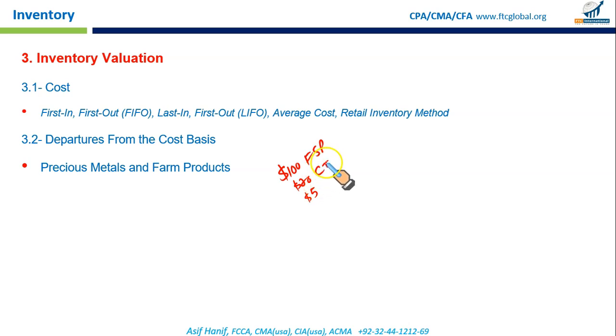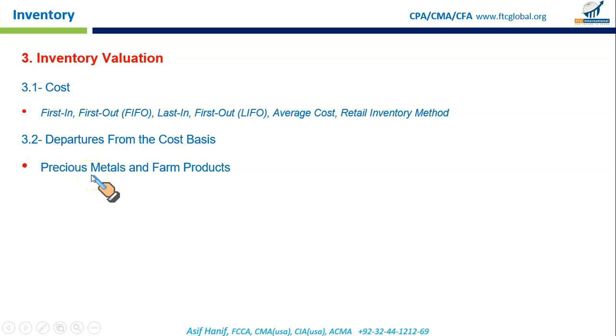This is cost to complete for short, and this is cost to sell. So your NRV is final selling price minus cost to complete and cost to sell. So $75 is what you call the net realizable value, or simply NRV, which is selling price minus disposal cost, completion cost, and selling costs.